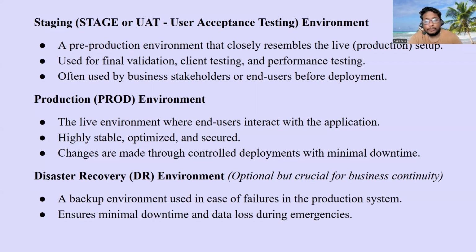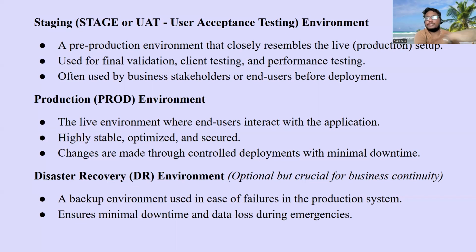It is the live environment where end users will interact with the application. For example, Zomato, Swiggy, Uber, Rapido. All functionalities of these apps got released in the production environment.